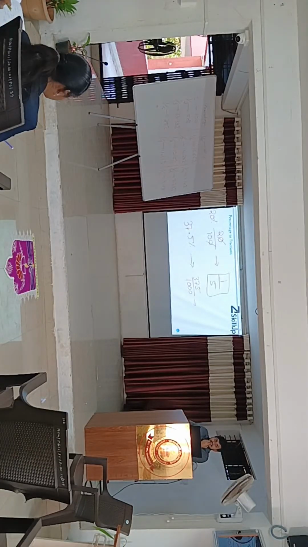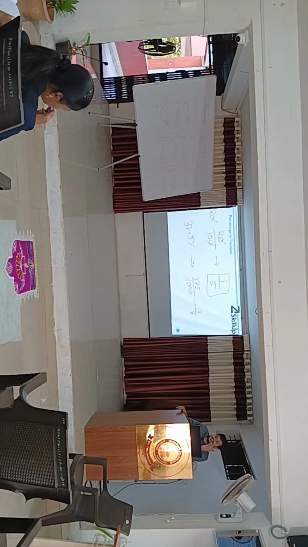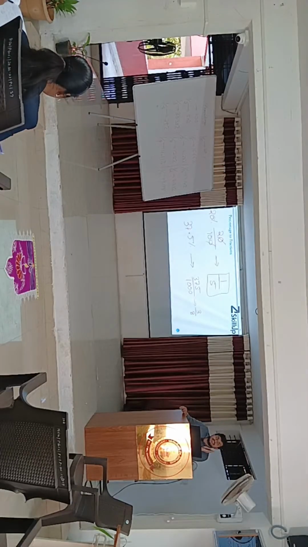Divisible by 25, so we get 3 by 8. Yes, 3 by 8. The ones who are still working, write down directly 3 by 8. At home you can do it. 37.5% in terms of fraction is 3 by 8.